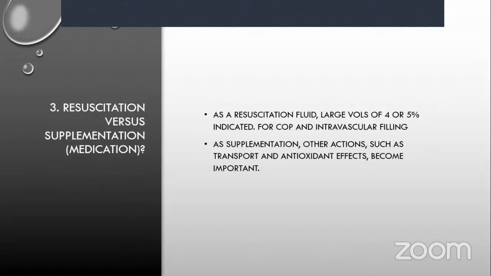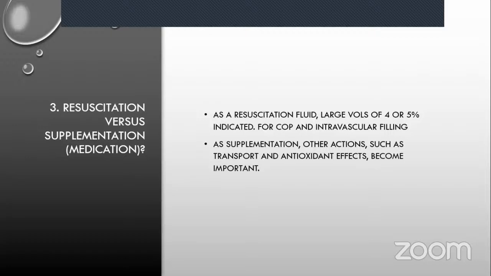We'll see the difference between resuscitation and supplementation. Resuscitation versus supplementation as a medication. So we have seen when you need to use it for resuscitation, large volumes, for example, of the 4 and 5% are indicated. For example, in the SAFE study, they were using 4%, which is hypo-oncotic, okay? And they were giving about 500 ml every 30 minutes and looking at the end goal-directed therapy, early goal-directed therapy targets, okay?